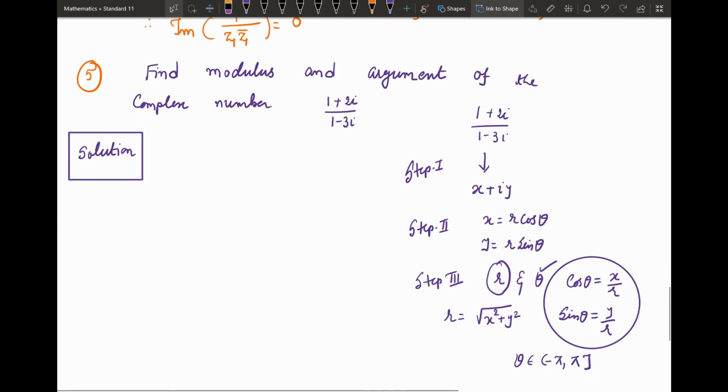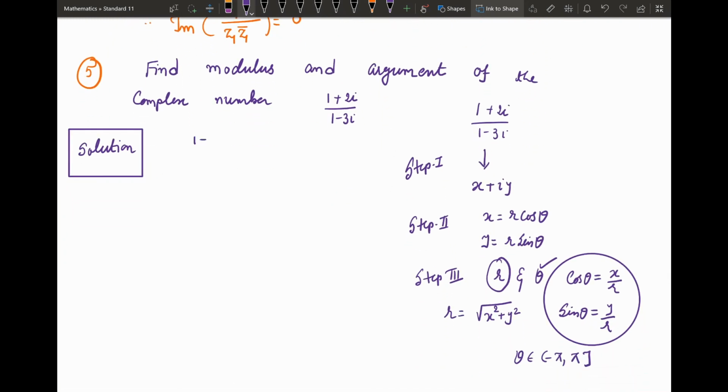So now, 1 plus 2i upon 1 minus 3i. First we will convert into standard form, that is the a plus ib form.